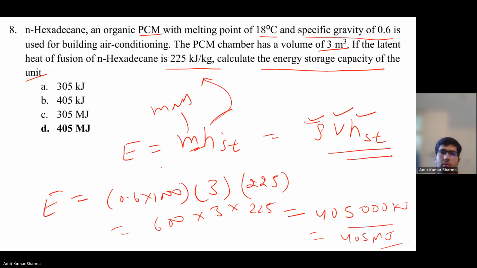So now see the options. So A, B, C, it's option D. 405 megajoule is the correct answer. Option D.